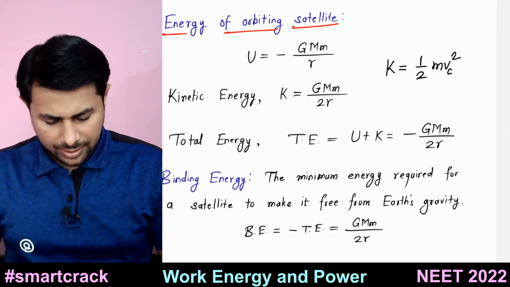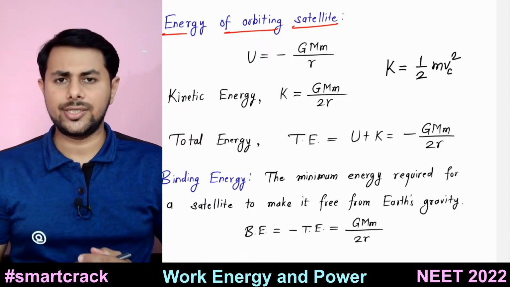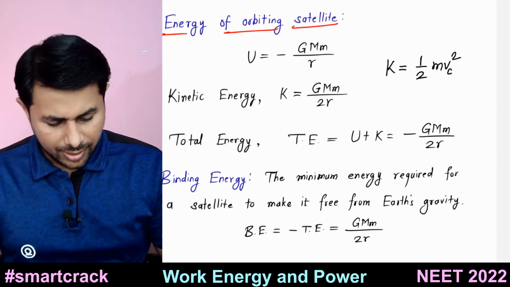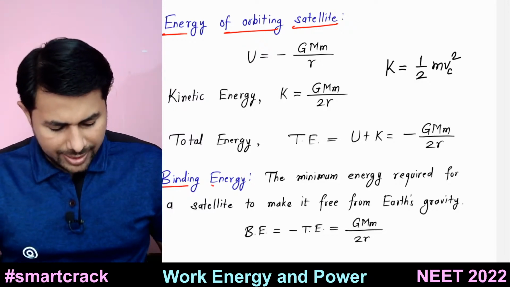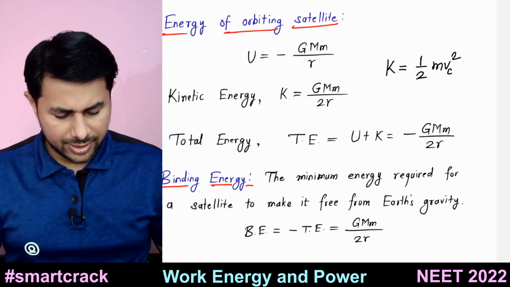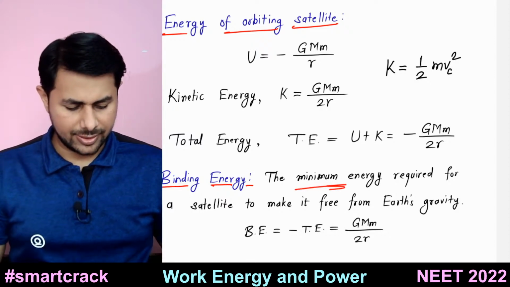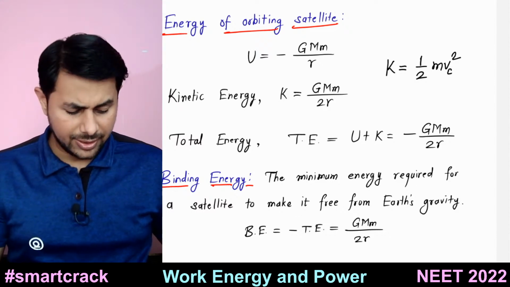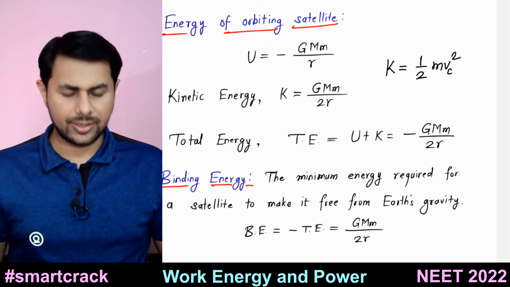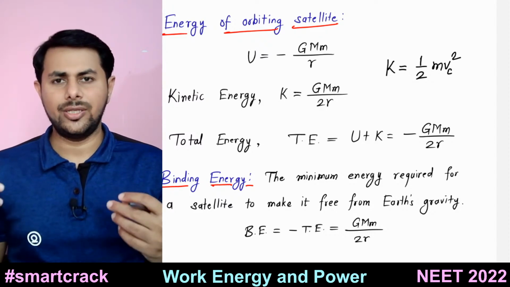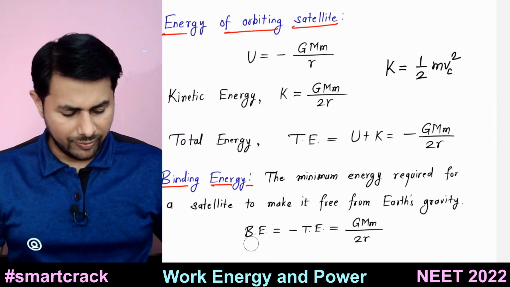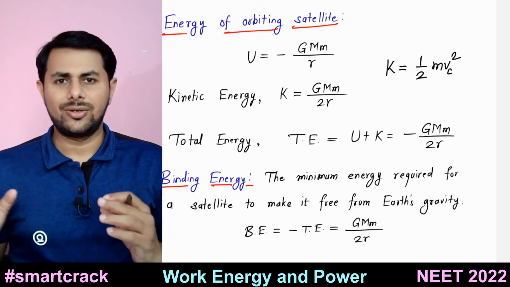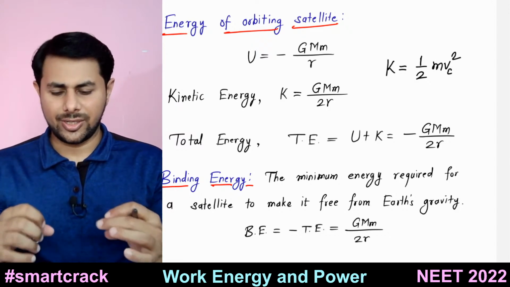Okay, and this is the total energy of a satellite which revolves around Earth with critical velocity. So what is binding energy? The binding energy of a satellite is the minimum energy required to make it free from Earth's gravity. For a revolving satellite, the binding energy is the negative of total energy, because total energy is the energy with which it is bound.